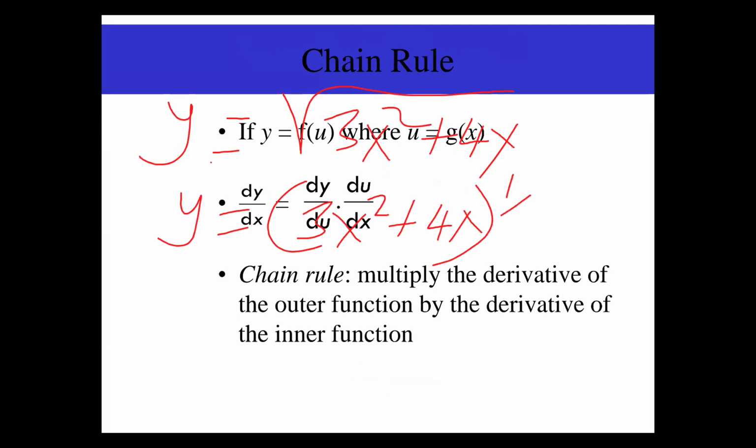Now, when you get here, the rule is you drop the power. Drop the power half, multiplied by the same stuff. Maintain the way how it is. Don't change. That will be 3x squared plus 4x to the power negative half, right?